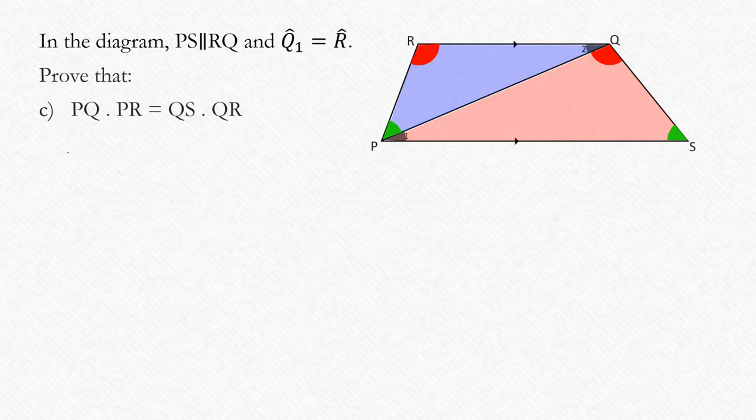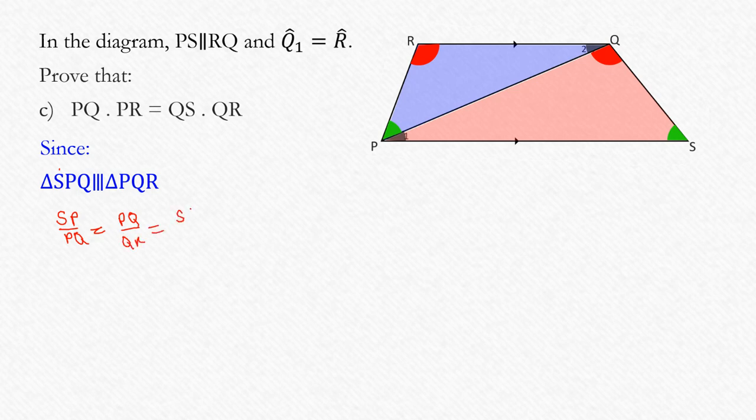We said that SP over PQ is equal to PQ over QR is equal to SQ over PR, and the reason here is similar triangles. These ones were similar because of angle, angle, angle.